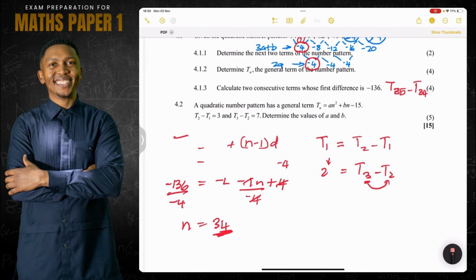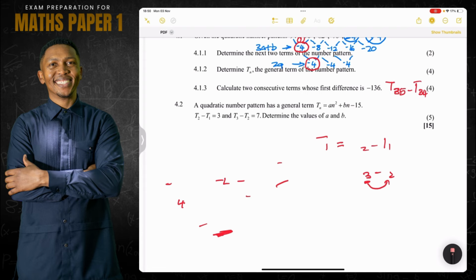Now, ladies and gents, finally they say to us, a quadratic pattern has a general term Tn equals an squared plus bn minus 15. Now they are saying to us T2 minus T1 is 3 and T3 minus T2 is 7.